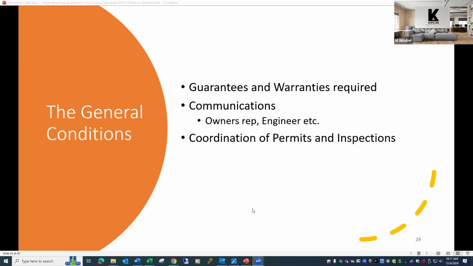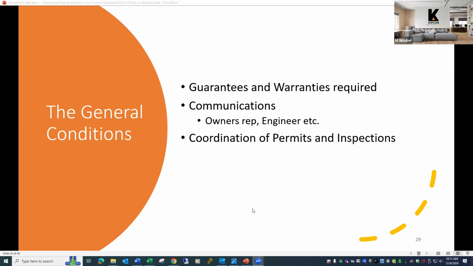And the general conditions should also talk about who's responsible for permits and inspections. Typically this falls to the contractor. There are certain types of projects where the contractor is responsible to obtain a building permit, oftentimes with any sort of alterations to buildings or for roofing projects, or anything that potentially impacts structural components like balconies or terraces.